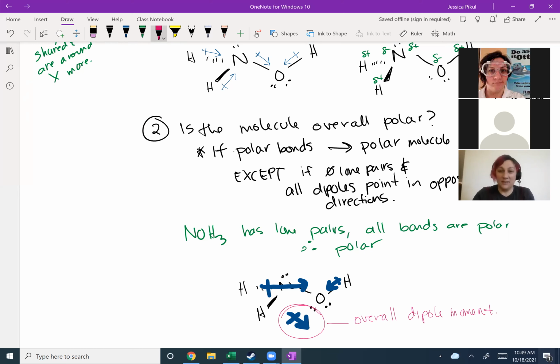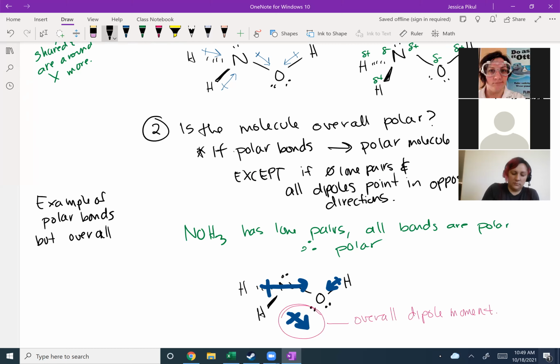So an example of something that wouldn't be polar. So let's say polar bonds, but overall non-polar. It'd be like this.